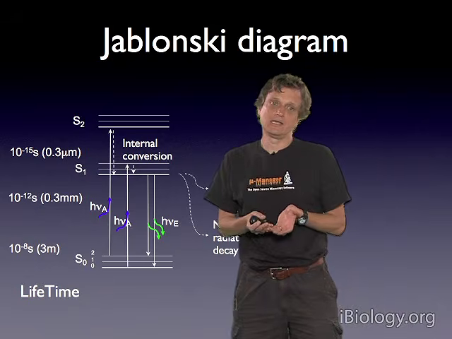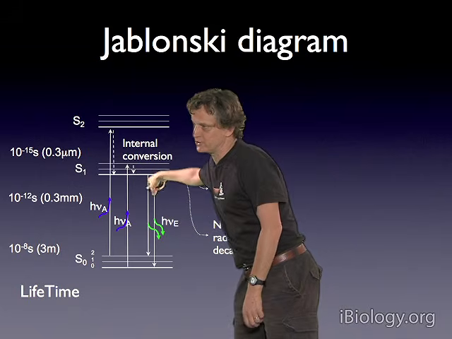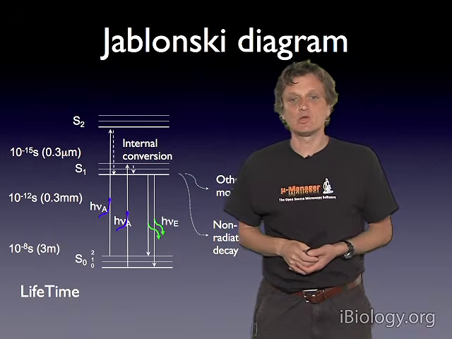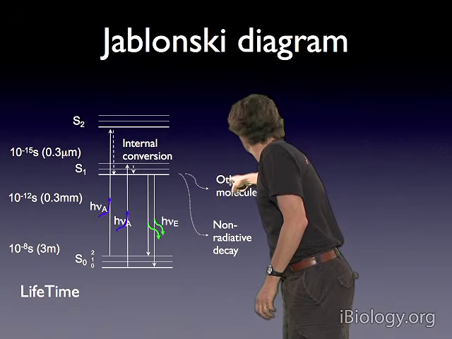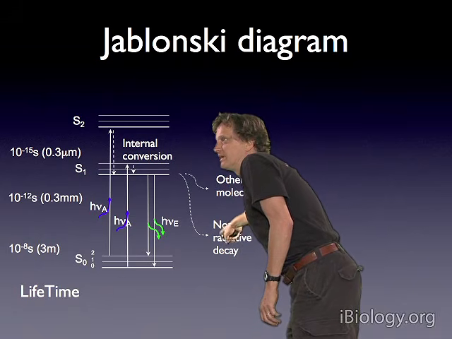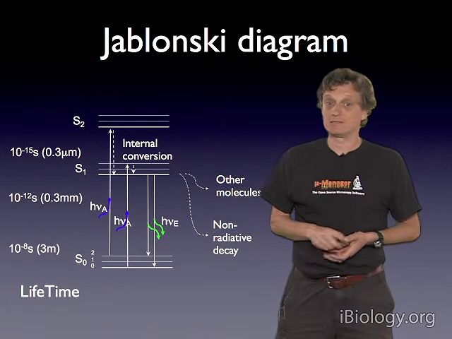Now, this return to the ground state is not the only process that can take place when a dye is in the excited state. It's also possible that the energy is transferred to other molecules, or the electron can fall back to the ground state but not emit a photon.